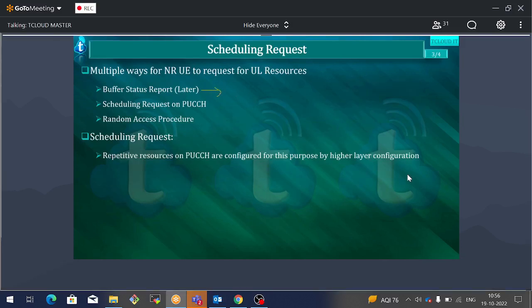Buffer status report is sent by the MAC layer, I mean to say, mobile equipment's MAC layer to the gNodeB's MAC layer. This scheduling request, as I told you, is sent on PUCCH. It's done by the physical layer. Random access procedure is done on a special channel called PRACH.